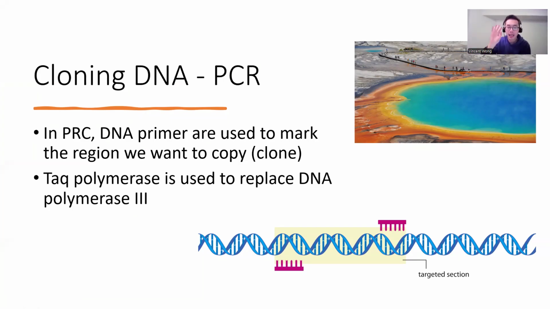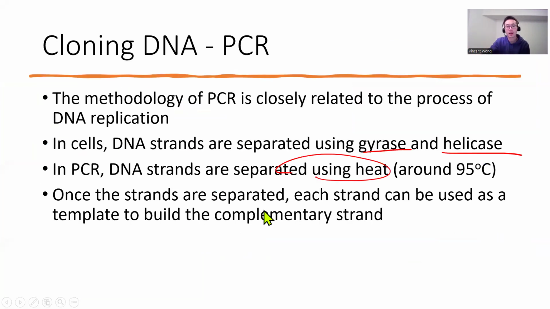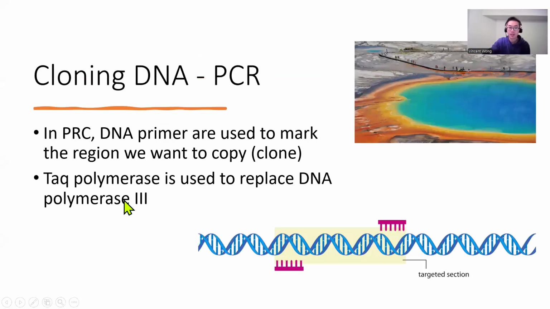But we cannot use DNA polymerase 3 in PCR, because we are heating the sample up to 95 degrees Celsius. To separate the DNA, I need to heat it up to 95 degrees, right? At that temperature, you're going to denature the protein. Okay? Remember, DNA polymerase is just a protein, and if it's too hot, it's going to unfold, it's going to be denatured, and it's going to be non-functional, right? So what do we do?